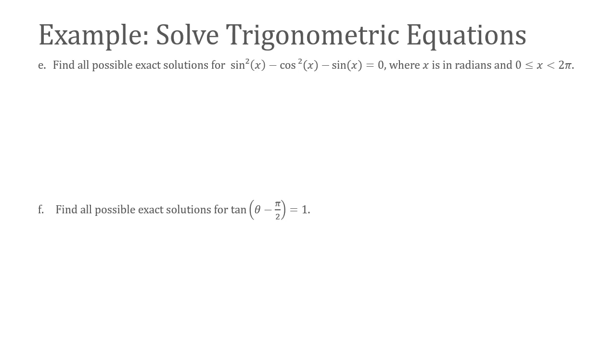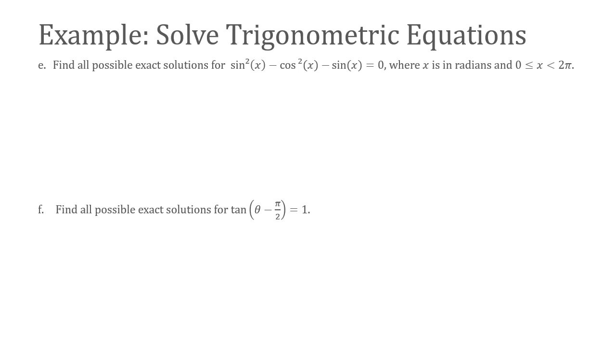Part E. Find all possible exact solutions for sine squared x minus cosine squared x minus the sine of x equals 0, where x is in radians and x is between 0 and 2 pi, including 0 but not 2 pi. So whenever you solve any type of equation, it's always helpful if you have the same variable.